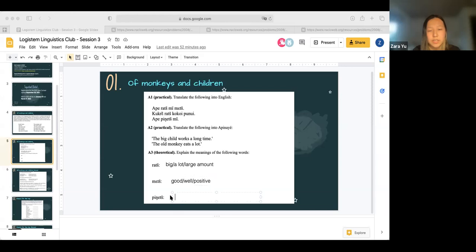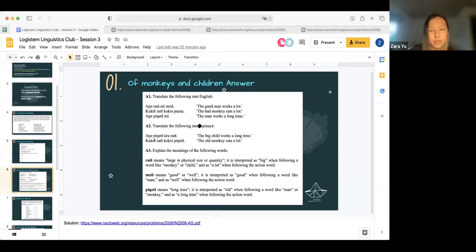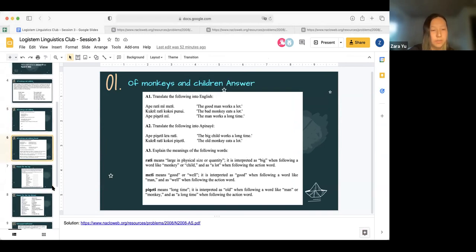And PINETS just means old or a long time. Just like different variations of that. So that's how you fill this out. So number one's pretty simple. It's just like a translation problem. That's pretty common on this test. So you guys can keep that in mind. And the answer's here if you want a longer explanation.